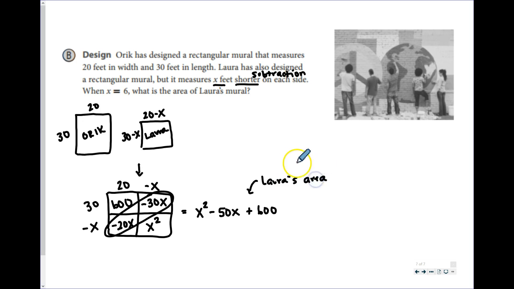Okay. Now it's saying, well, what about when x equals 6? What's the numeric area for her mural? So now we're going to take 6 and plug it in for wherever we see x. Okay. 6 squared is 36. 50 times 6 is 300.